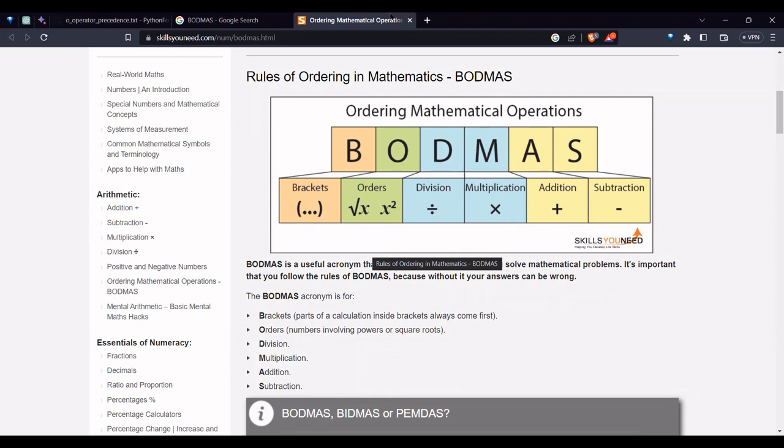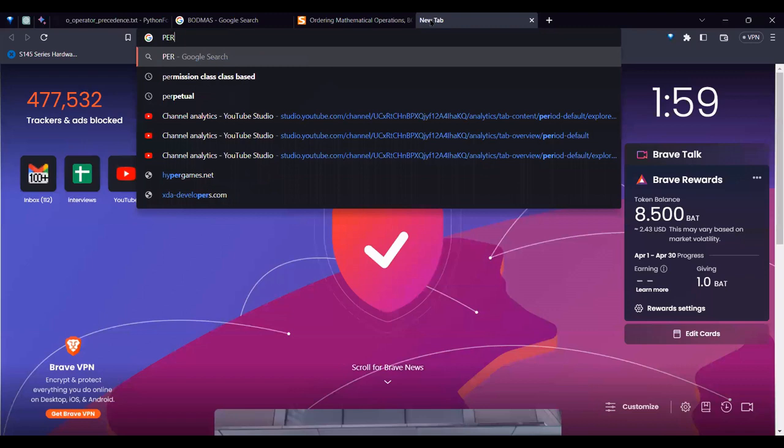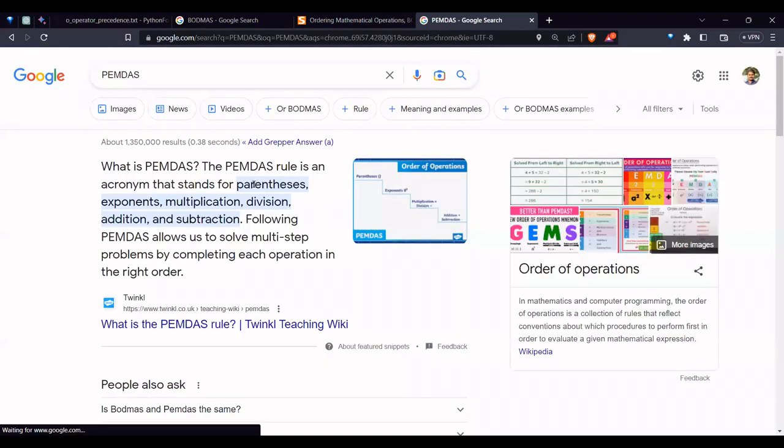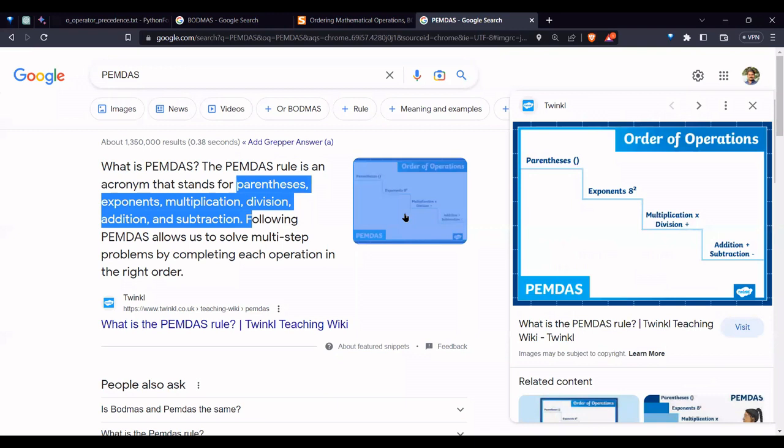In the same fashion, Python follows something called PEMDAS. So PEMDAS means parentheses, exponent, multiplication, addition, division. The same thing, hierarchy in terms of. What I mean by this is that it will give the order of hierarchy.